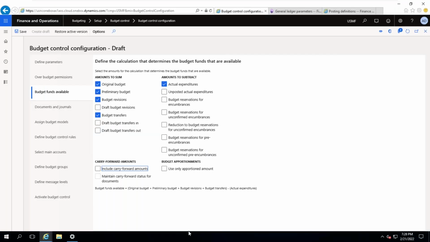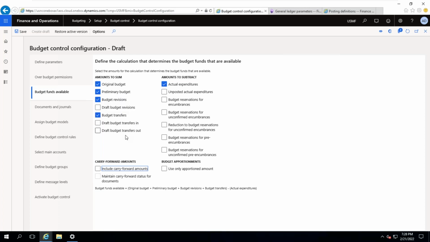Now let me go back to the budget control configuration. We understood preliminary budget, we understood budget. If we have created but not posted, then it is draft. Budget transfer in means plus, out means minus. If you want, you can enable. Here we already learned all these things.